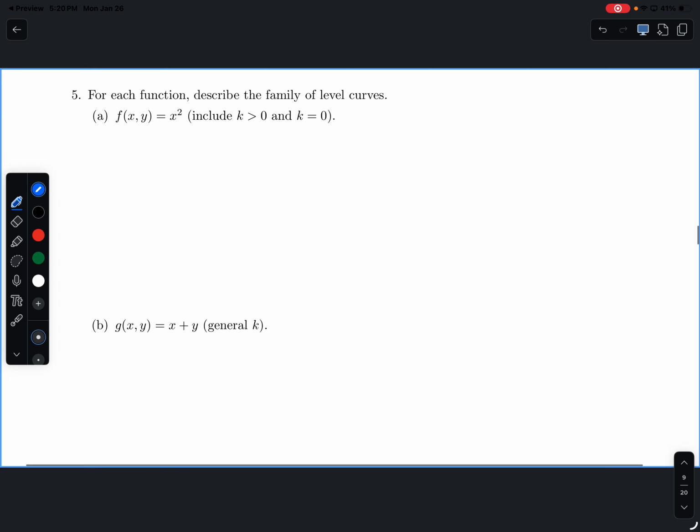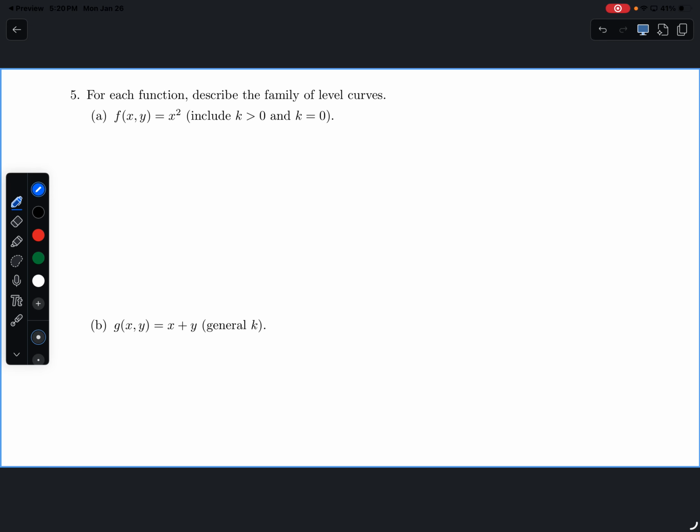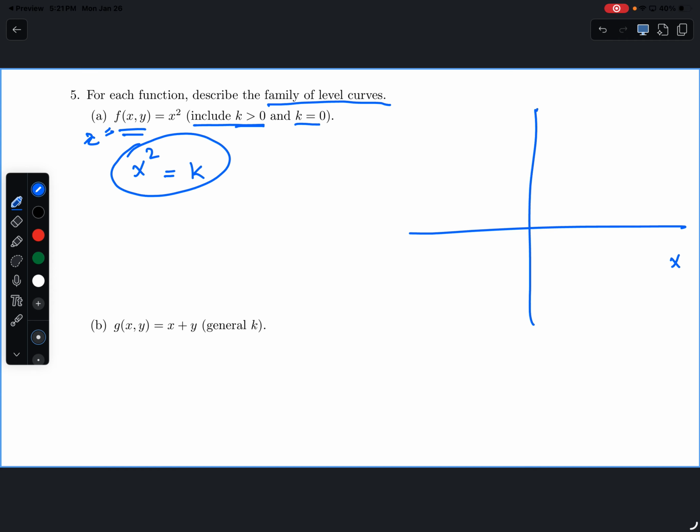For each function, describe the family of level curves. This is a similar question, but this says that x squared, this is my z, and x squared is equal to c. Let me write it k. They are saying, describe this family of level curves when k is a positive number and when k is 0. So what do you think? x squared is equal to k in the xy plane is a level curve.